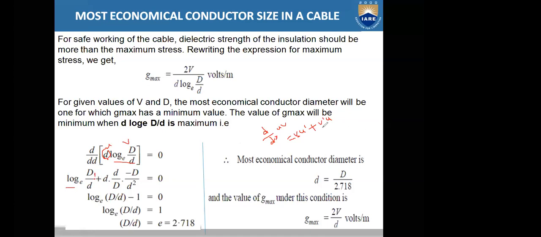Plus, then you keep U, the d value, as it is, and differentiate the second term.